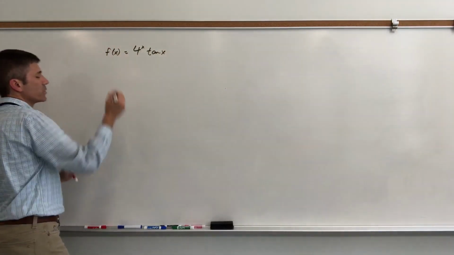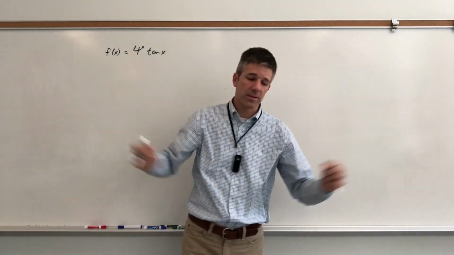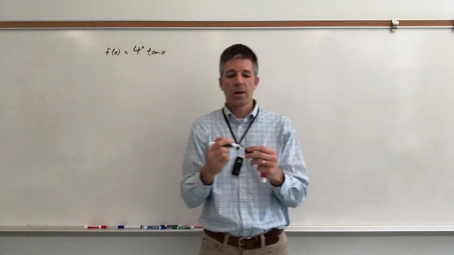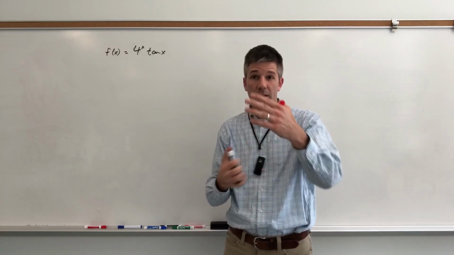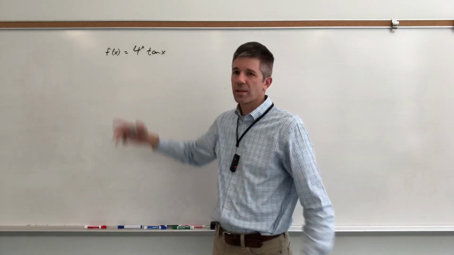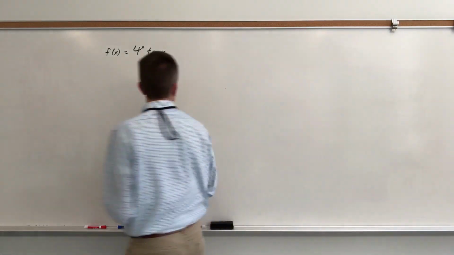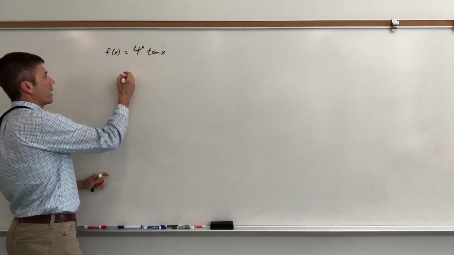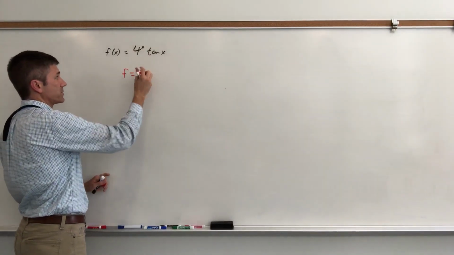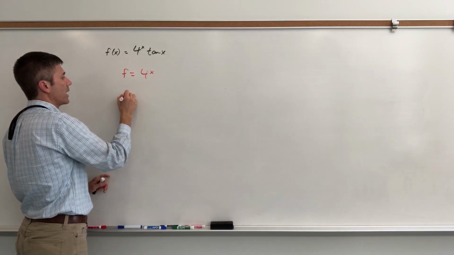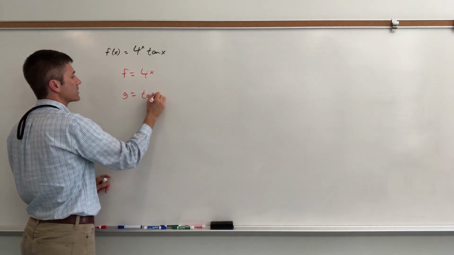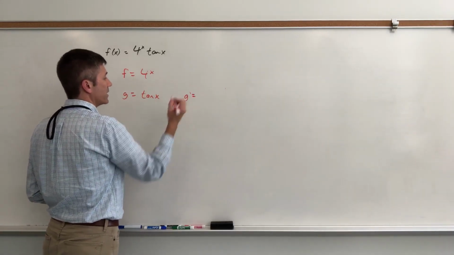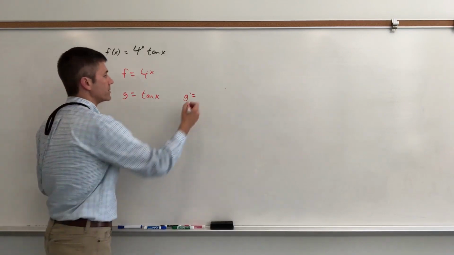But again, let's not confuse f, the problem itself, with the f's and the g's that we use to work through a formula. Okay, so as I write f and g, that is not to be confused with this f. You've heard that before, but I just want to make sure we're clear on that. So multiplying 4 to the x times tan x, we have 4 to the x, and we have tan x. The derivative of tan is secant squared.